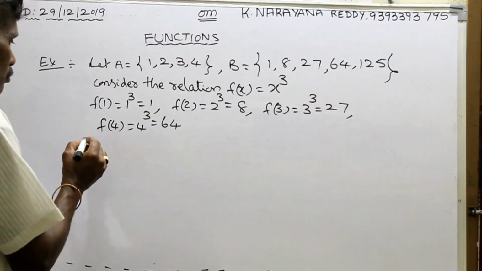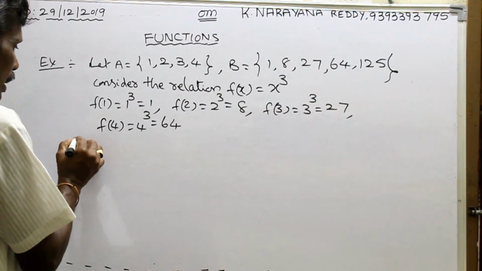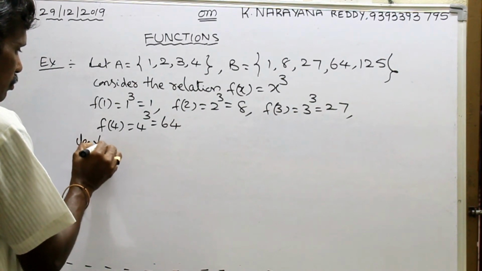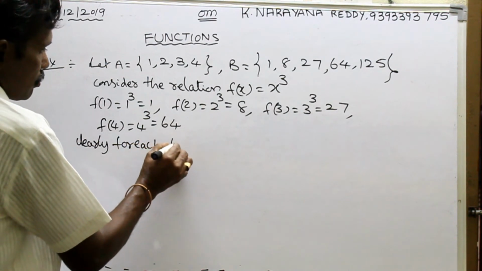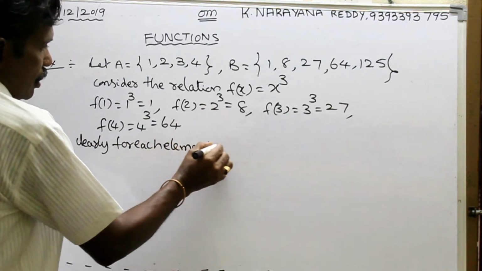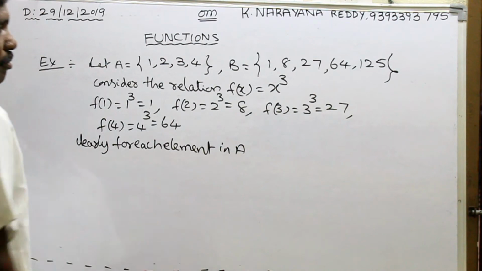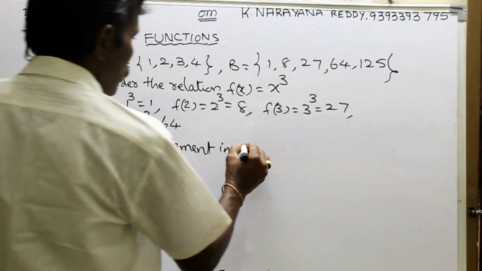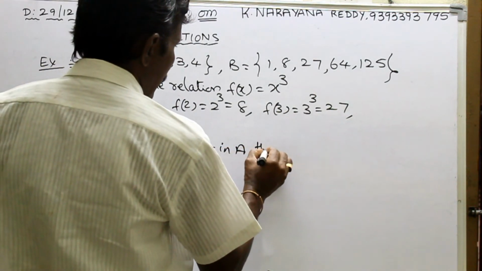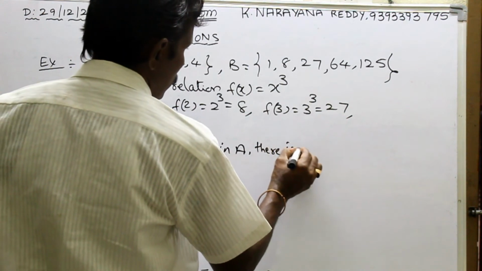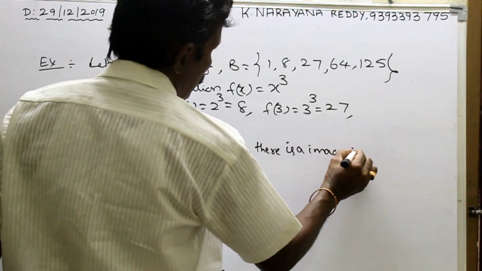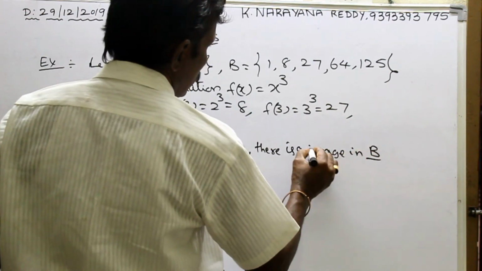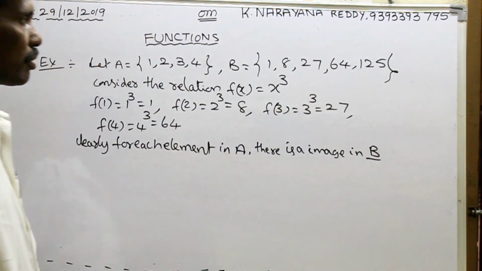So clearly, for each element in A, there is an image in B. That is an important point.